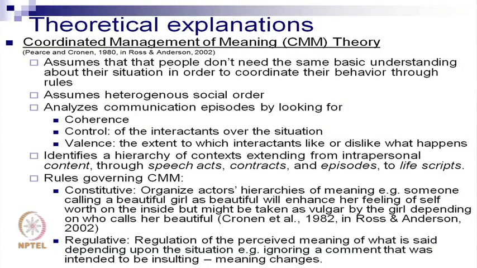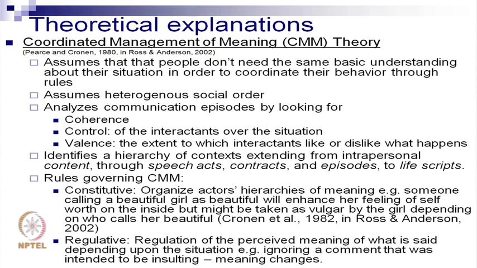Okay. Next one here is coordinated management of meaning, the CMM theory. This theory was proposed by Pearce and Cronen in 1980, and it's again brought out very nicely in the book by Ross and Anderson. This theory assumes that people don't need the same basic understanding about their situation in order to coordinate their behavior through rules.